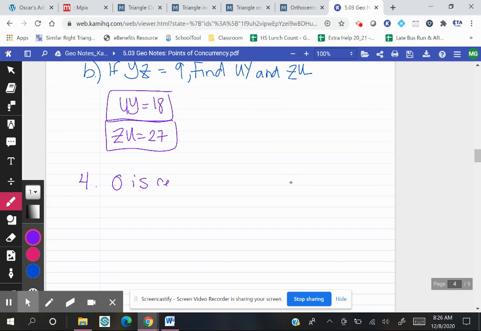All right, and we'll do one more. O is the centroid of triangle CAT. If LT equals 6, find OT and LO.